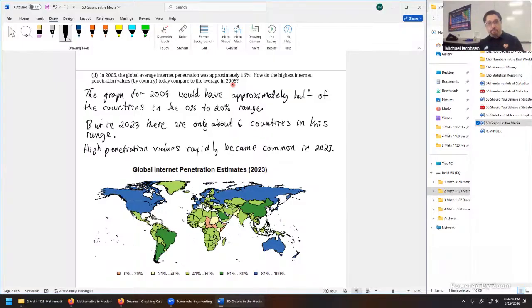There was just a massive surge in internet penetration from the year in question, 2005, to the year we're studying in 2023. Pretty impressive altogether.